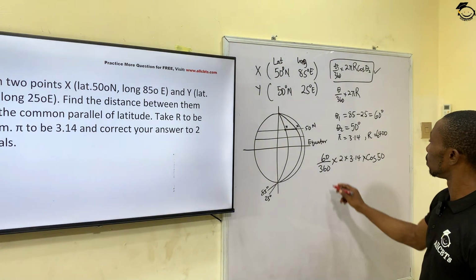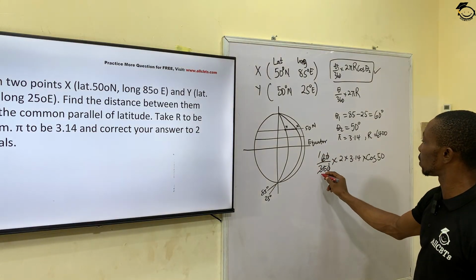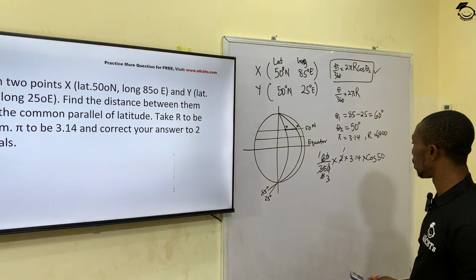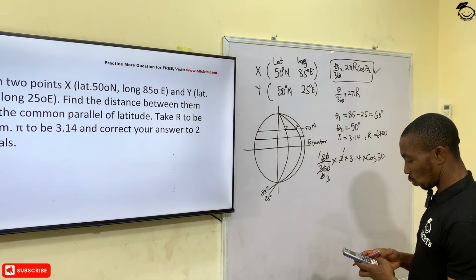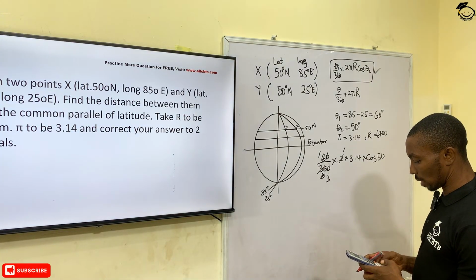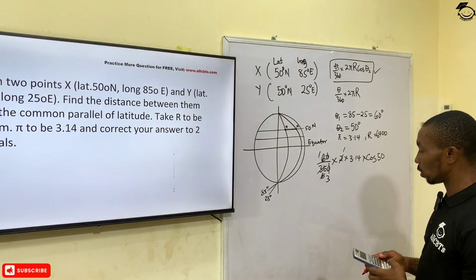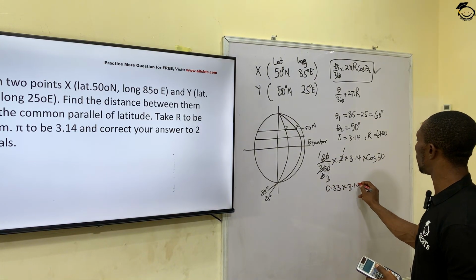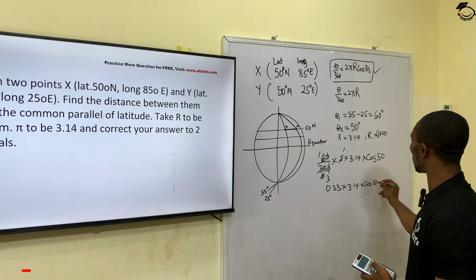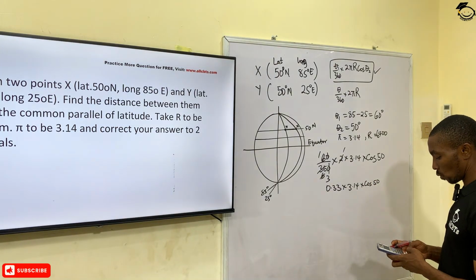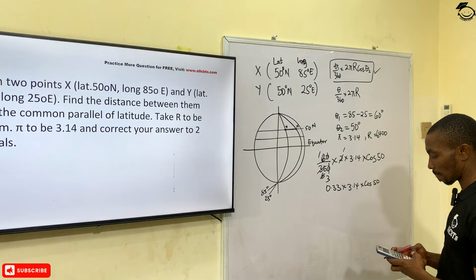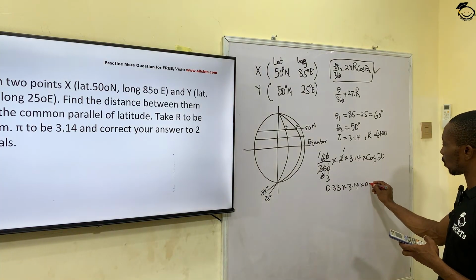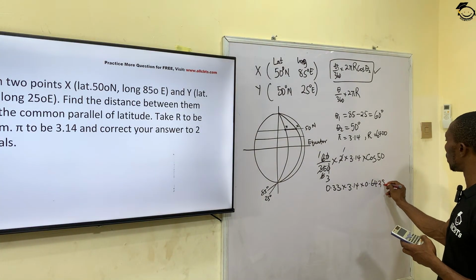Okay, so 60 over 360 simplifies, 6 into 6 is 1, 6 into 36 is 6. So we have this as 2 times 1, 2 times 3. This becomes 1 divided by 3, which is 0.33 times 3.14 times cos 50. Now cos 50 will give us 0.6428.